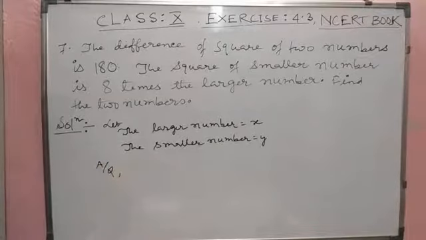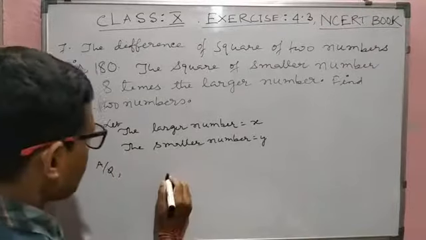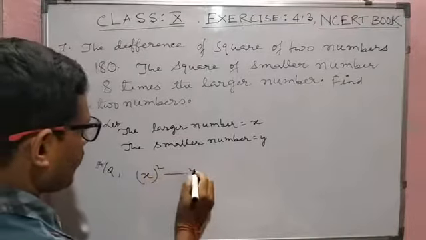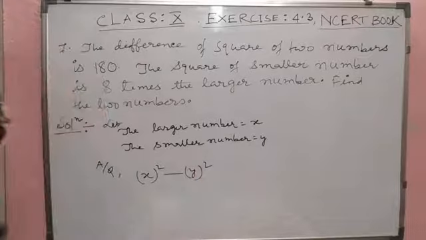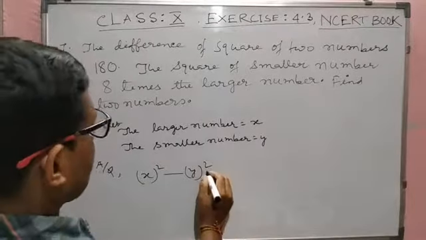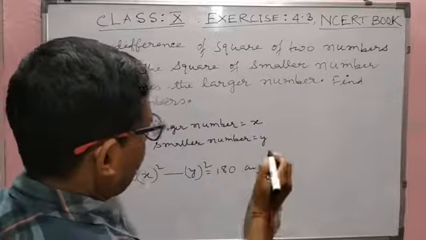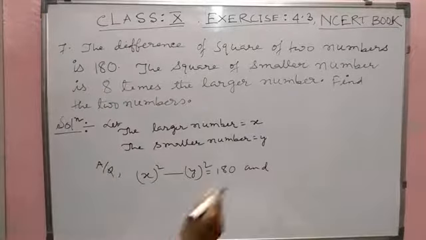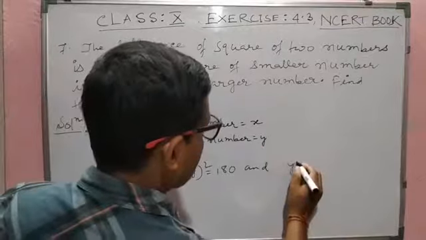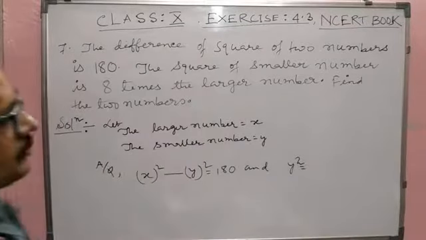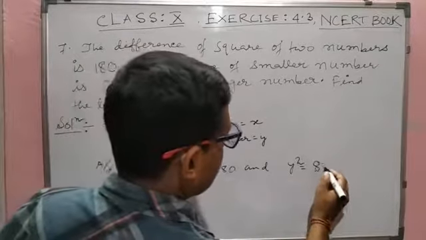According to the question, difference of squares, difference means minus of squares. The difference of squares of two numbers is 180, and the square of the smaller number. So y is the smaller number, so its square is equal to 8 times the larger number.